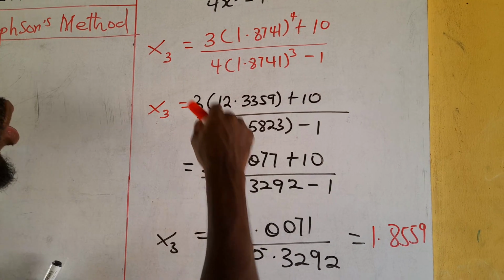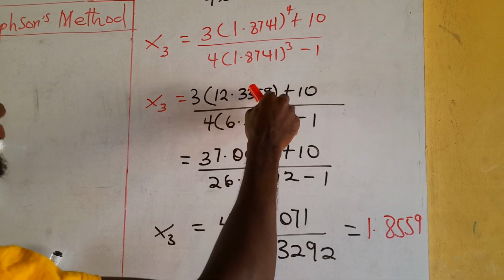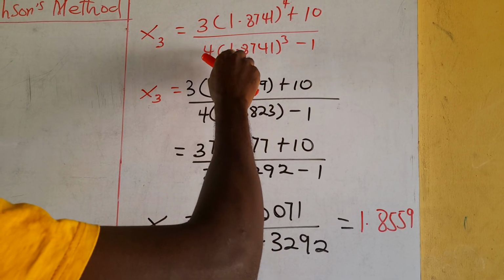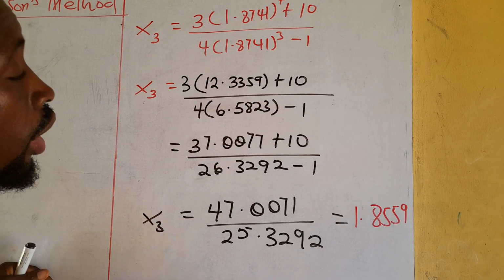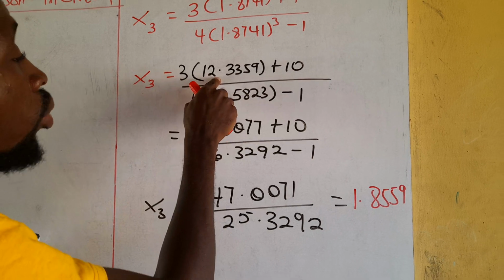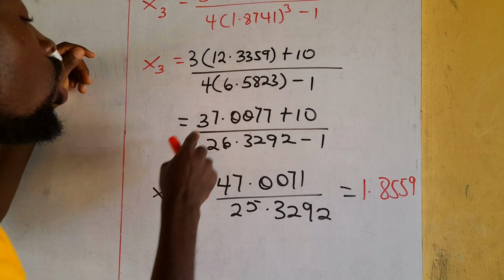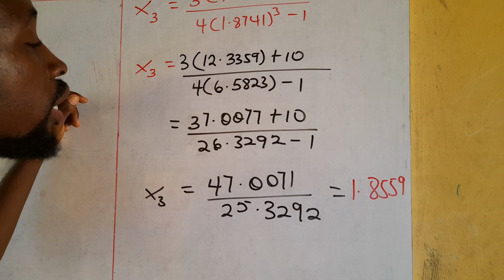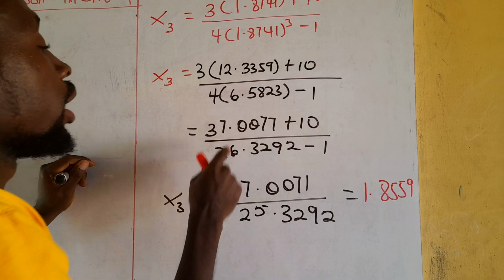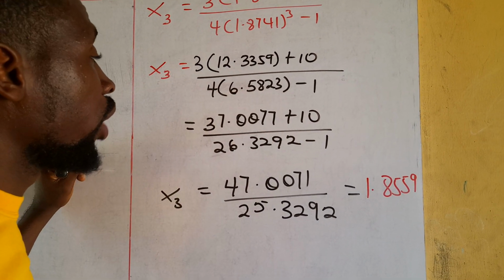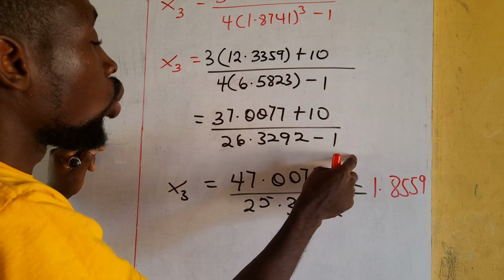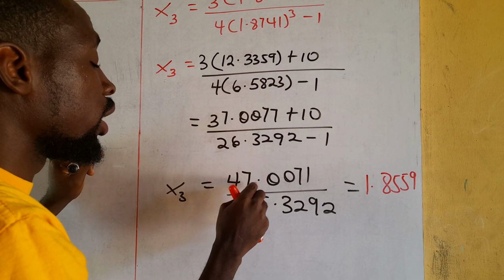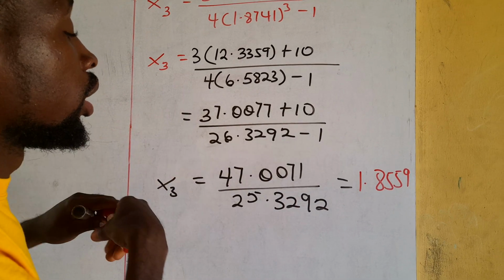1.8741 exponent 4 will give us 12.3359, then plus our 10. Then 1.8741 exponent 3 will give us 6.5823, then minus our 1. When 3 multiplies 12.3359, we get 37.0077, then plus 10. When 4 multiplies 6.5823, we get 26.3292, then minus 1. 10 plus 37.0077 will give us 47.0077.